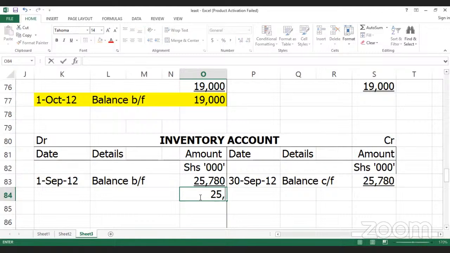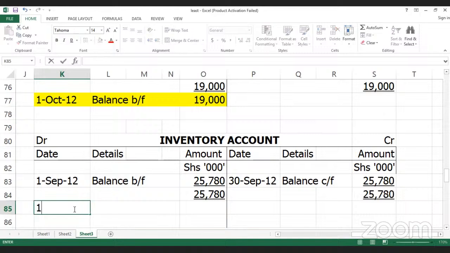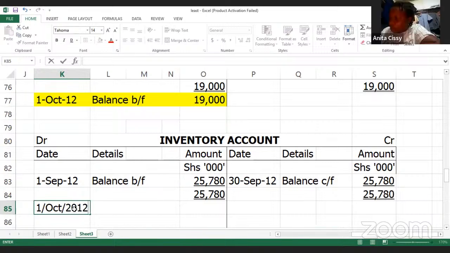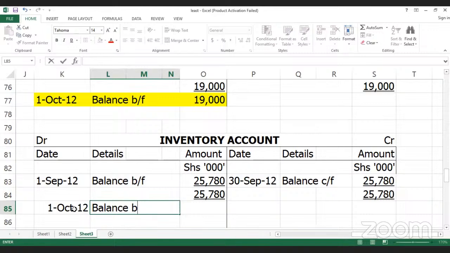Will be the same total. The sides are now equal. Totals should be on the same level. Then on the opposite side, balance brought forward.